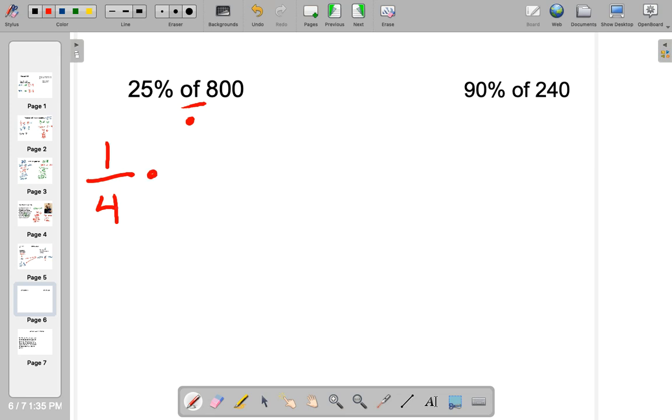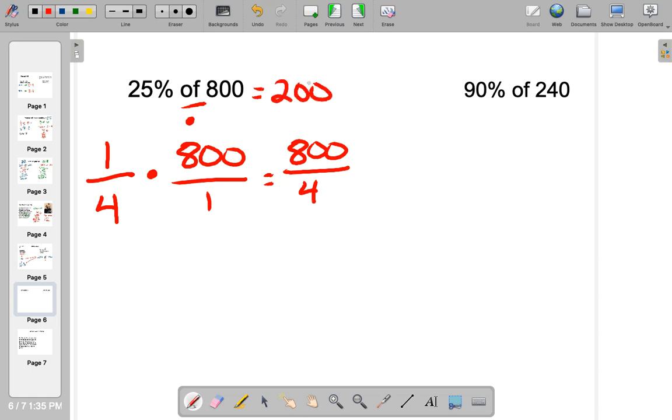I multiply then times 800, and I do it over 1 whole. And I multiply across the numerator and across the denominator. I could do long division here, or you can remember that 800 divided by 4 would be 8 divided by 4 with 100 added on. So we get the answer of 200.